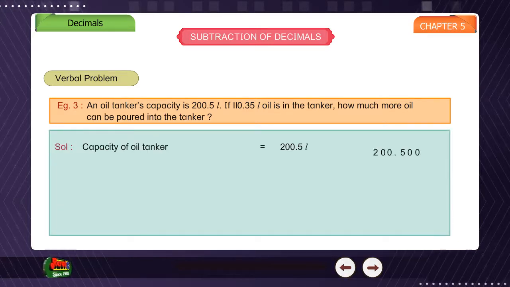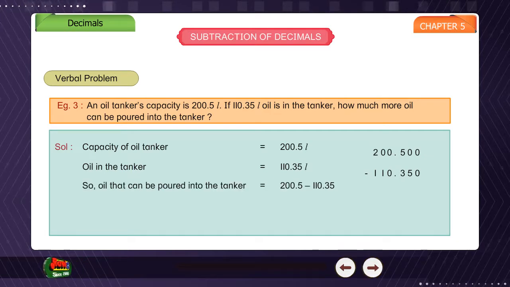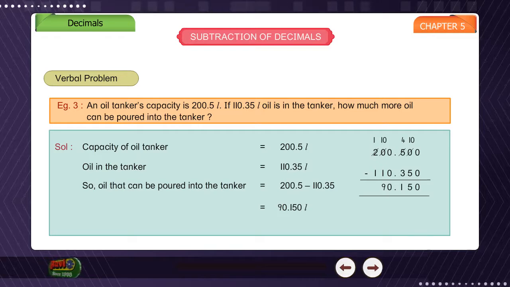Capacity of oil tanker is equal to 200.5 liters. Oil in the tanker is equal to 110.35 liters. So, oil that can be poured into the tanker is equal to 200.5 minus 110.35 is equal to 90.150 liters.